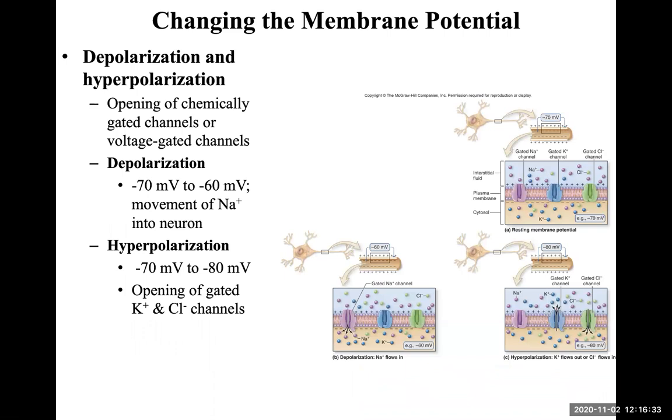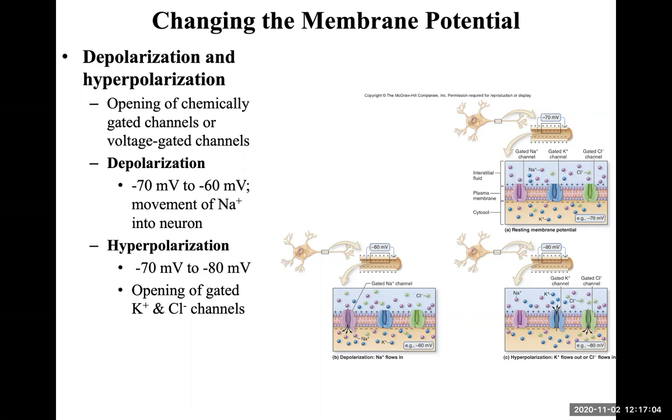Okay, so depolarization and hyperpolarization, right? These are the 2 events of the action potential. So I expect you to know what happens during these events, during an action potential, right? We're starting at negative 70 millivolts as the resting membrane potential. And then an action potential is generated when the threshold value is reached for a neuron.